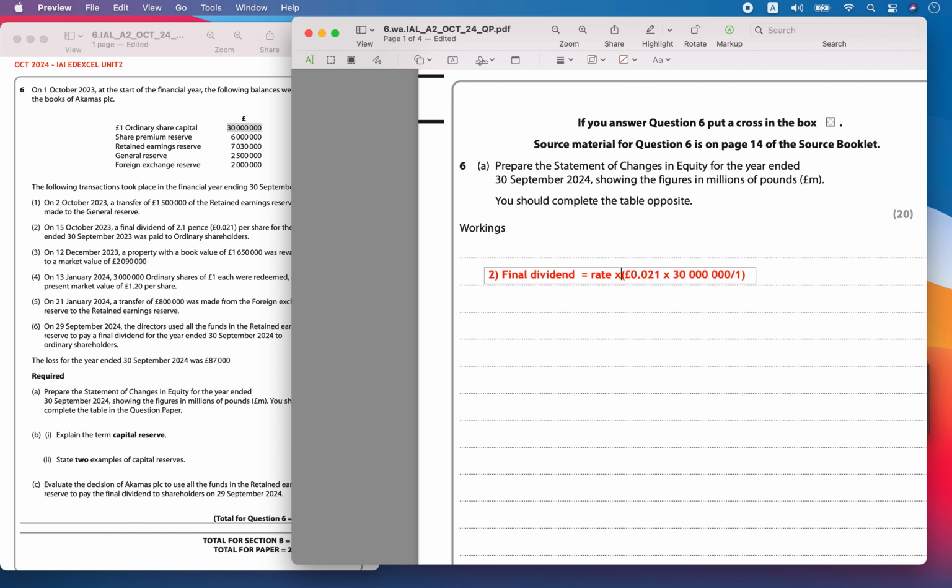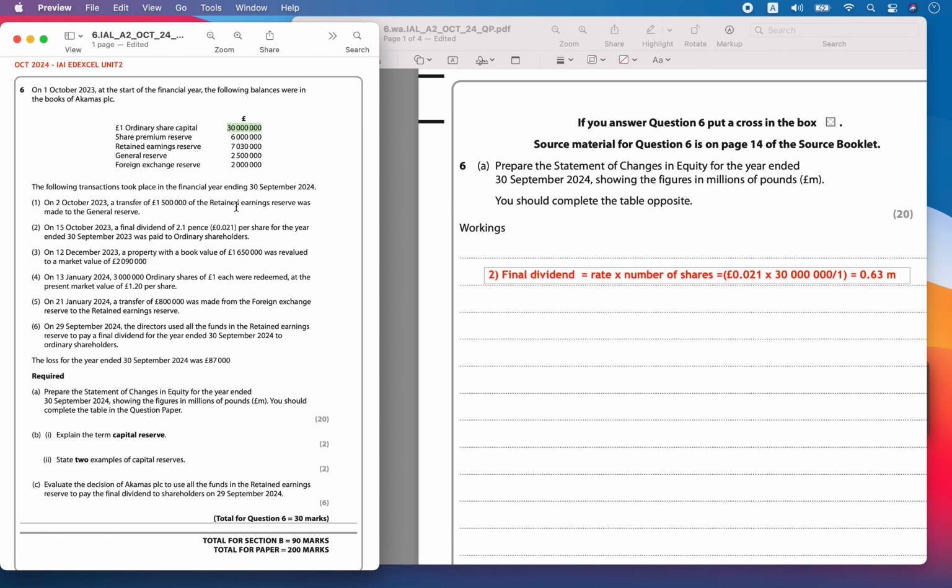So the final dividend is rate times number of ordinary shares, which is 0.63 million pounds.